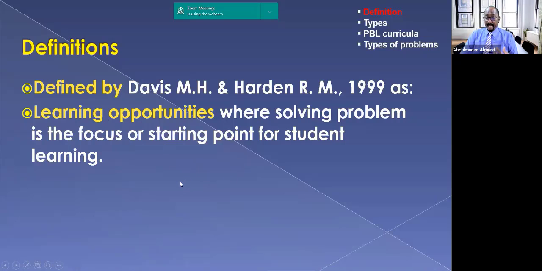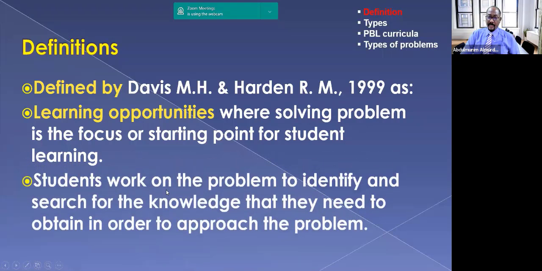So he said, in the learning opportunities, solving problems is the focus or starting point for student learning. Students work on the problem to identify and search for the knowledge that they need to obtain in order to approach the problem.